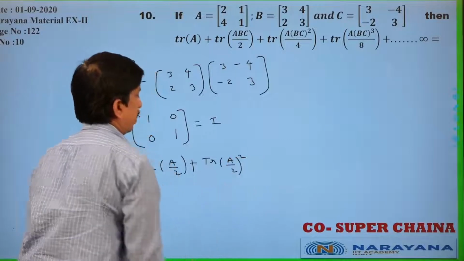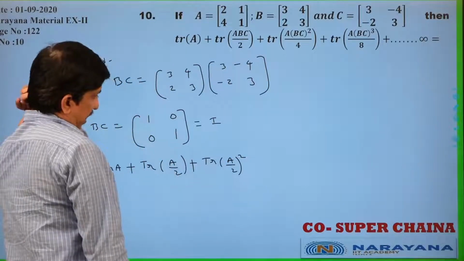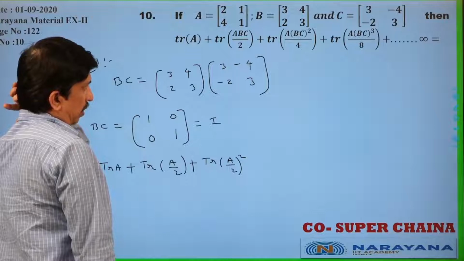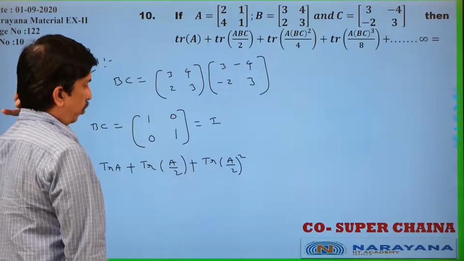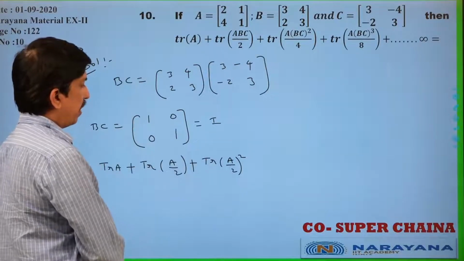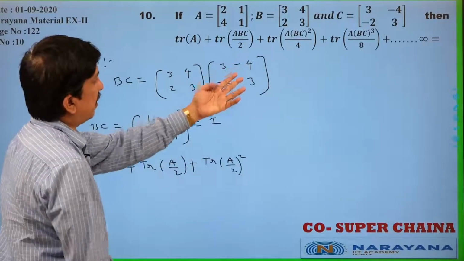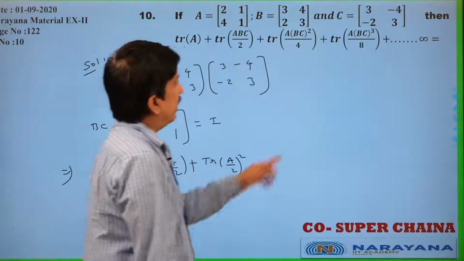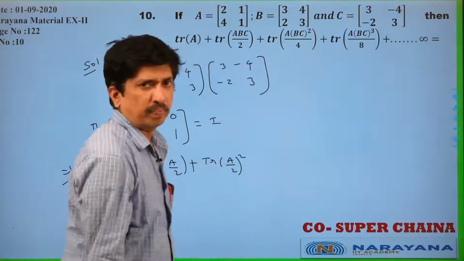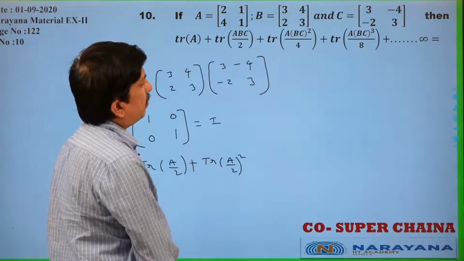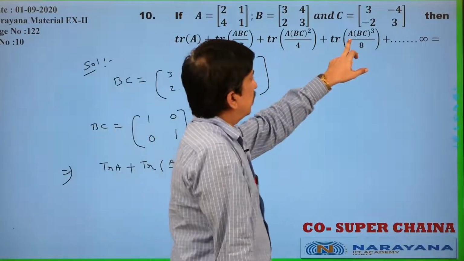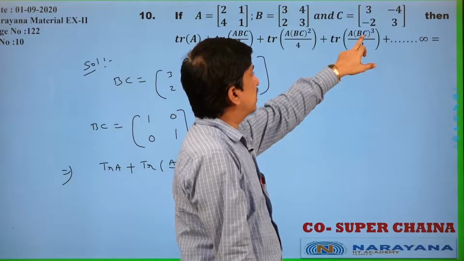Is it clear or not? Trace of A by 2 whole square, or trace of A square by 4 you can write. Trace of A cube by 8 means A by 2 whole cube, since BC whole cube is I only.